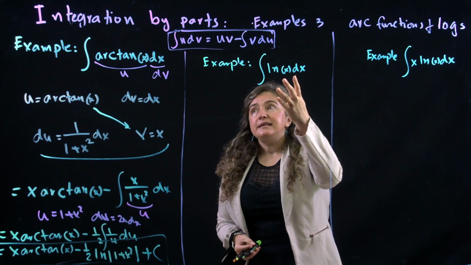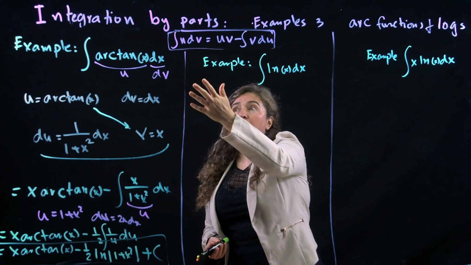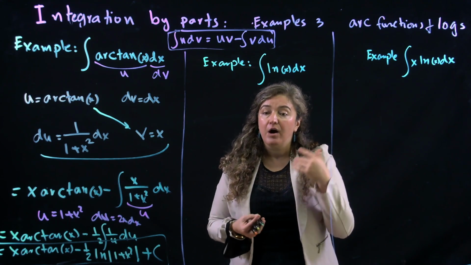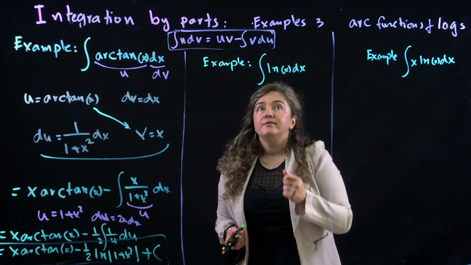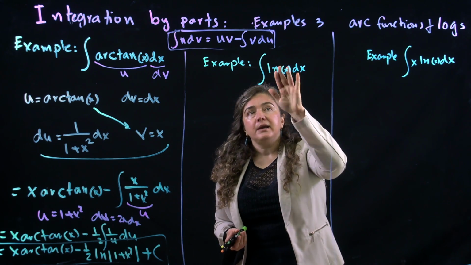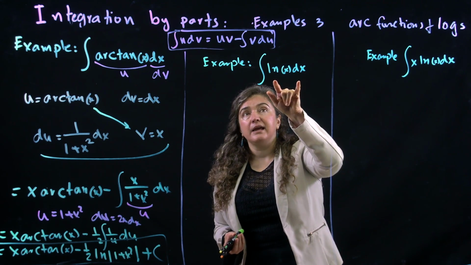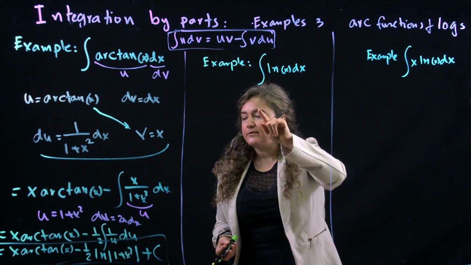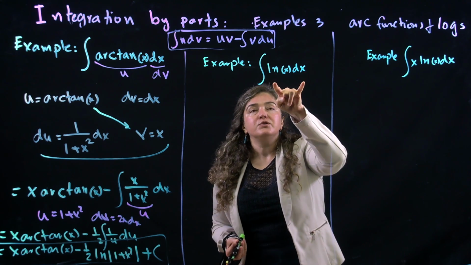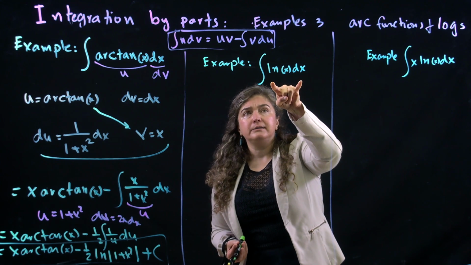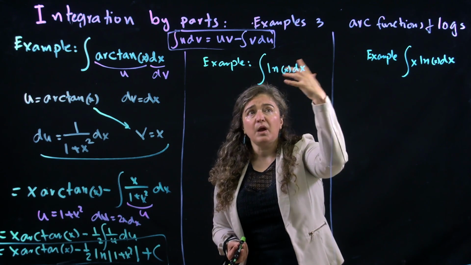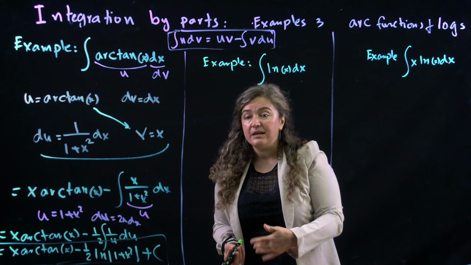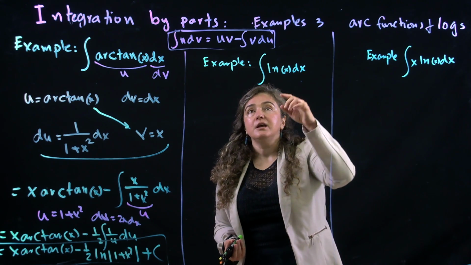With arc functions and natural logs, I don't know any other major method of finding their antiderivatives. So what do I do? Again, I'm suggesting integration by parts.